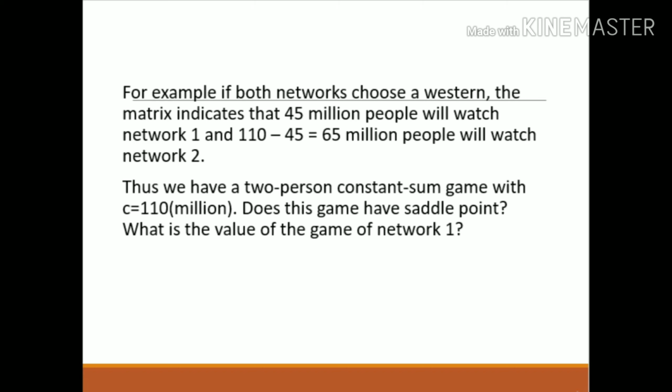Thus we have a constant sum game with the total of viewers being 110 million. So does this game have a saddle point, and what is the value of the game for network 1?